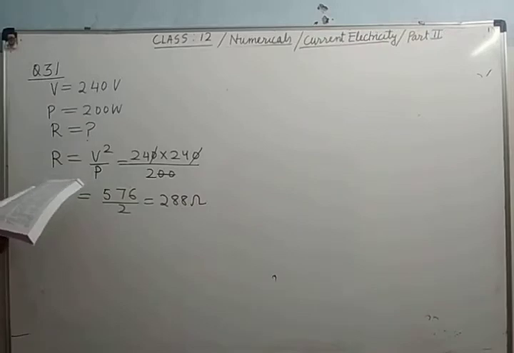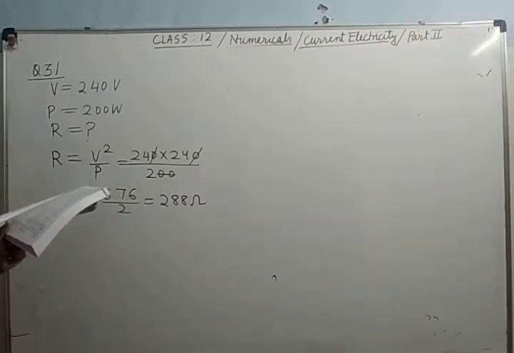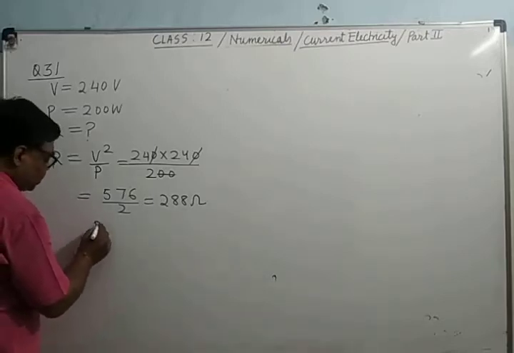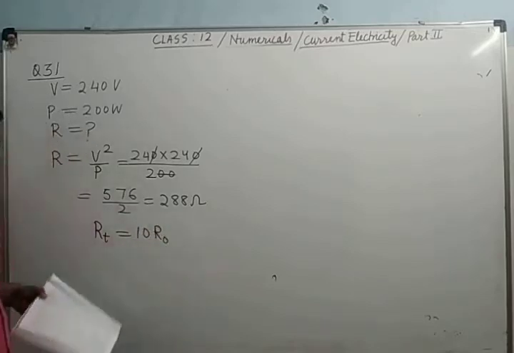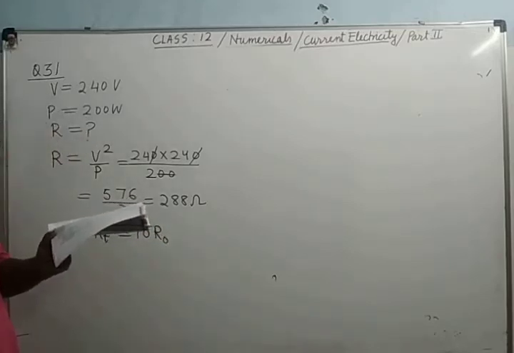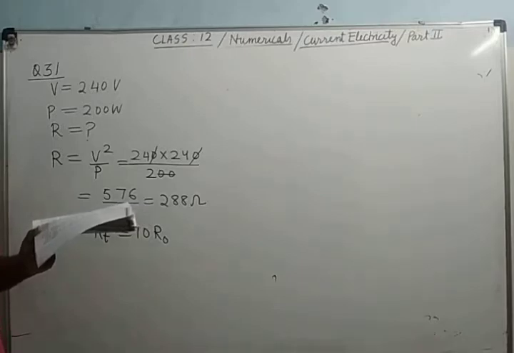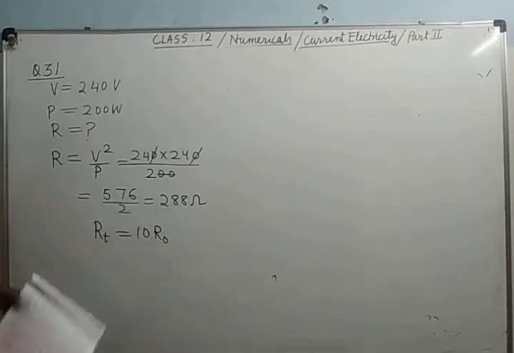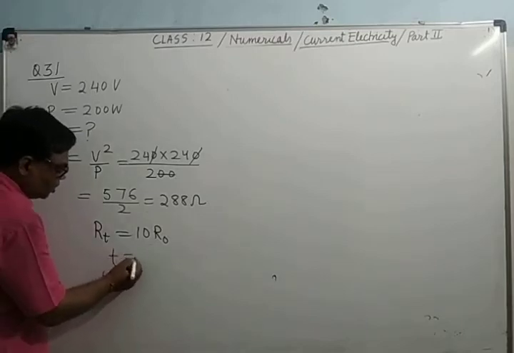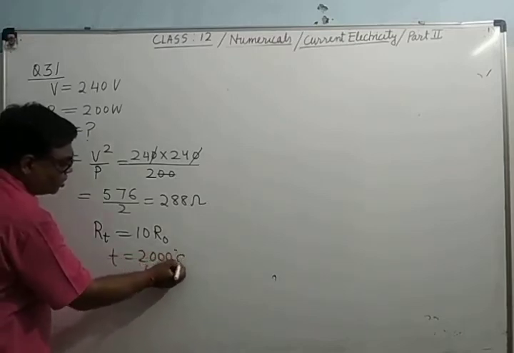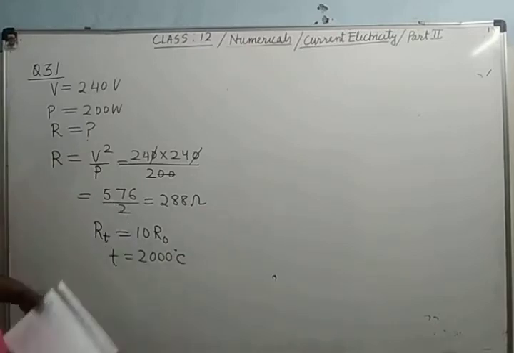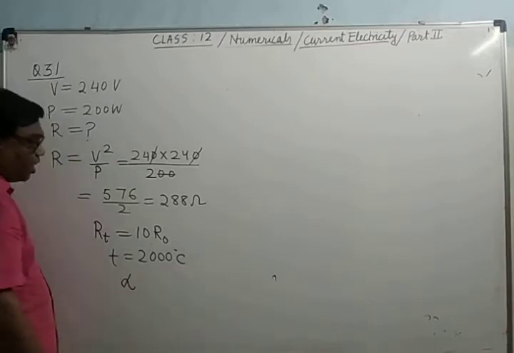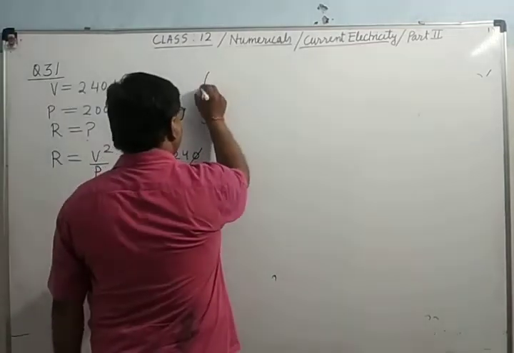Now, if the resistance RT is 10 times the resistance at 0 degree Celsius, that is 10 into R naught, and the filament is glowing, and the temperature of the glowing filament is 2000 degrees Celsius, means T is given 2000 degrees Celsius. So you have to determine the temperature coefficient of resistance, that is alpha. What will be alpha?